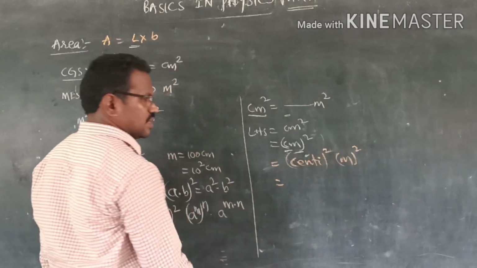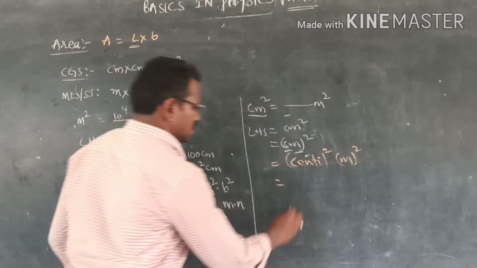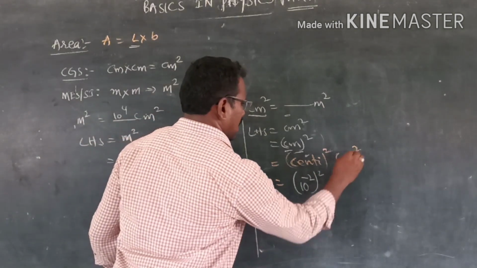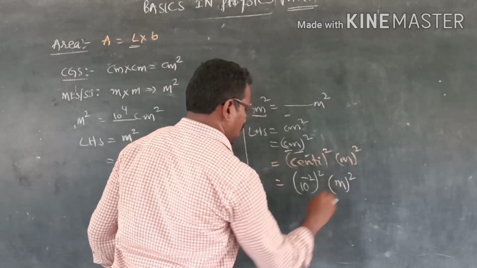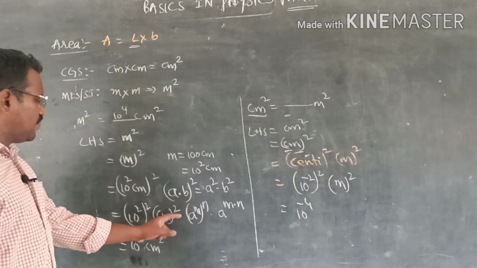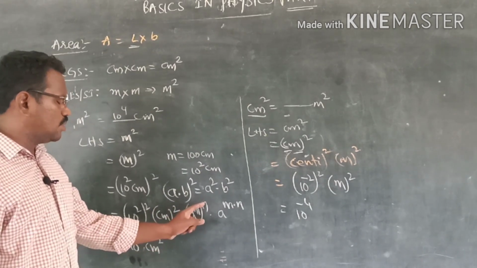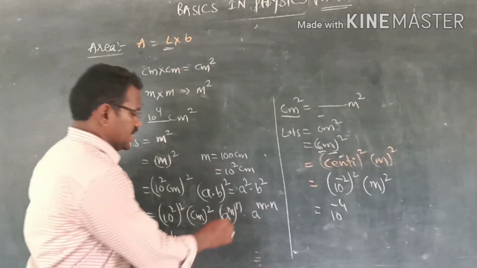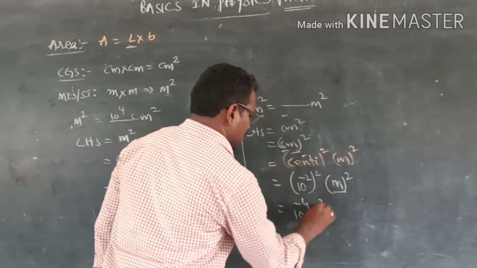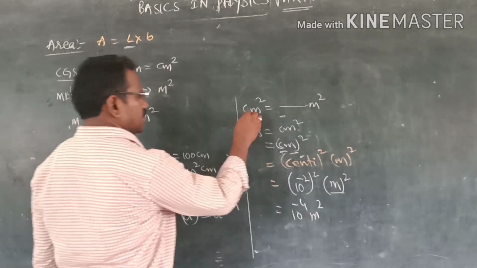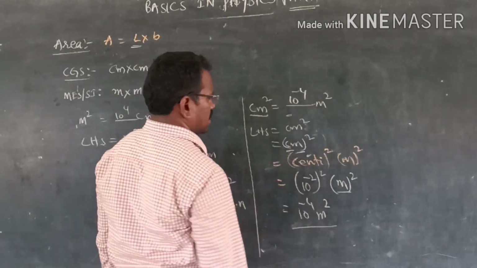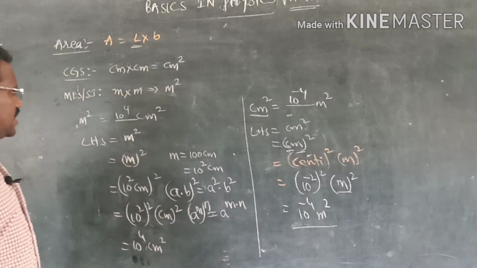Centi is nothing but 10 power minus 2, as I already discussed earlier. So 10 power minus 2 whole square and meter whole square as usual. Now this value becomes 10 power minus 4, as per the formula (a power m) power n is equal to a power m into n. So 10 power minus 4, and what is left? Meter square is left. So centimeter square can be valued as 10 power minus 4 meter square.